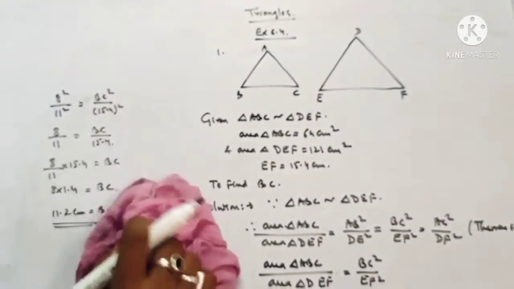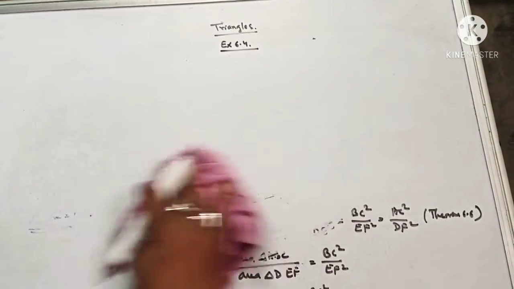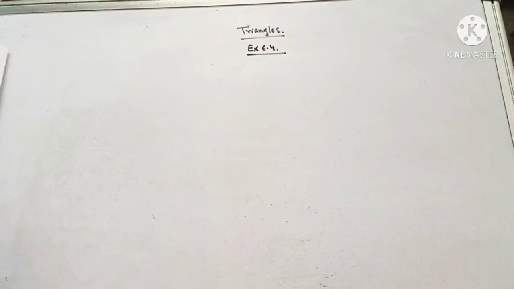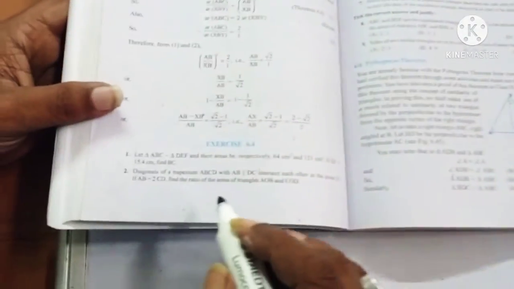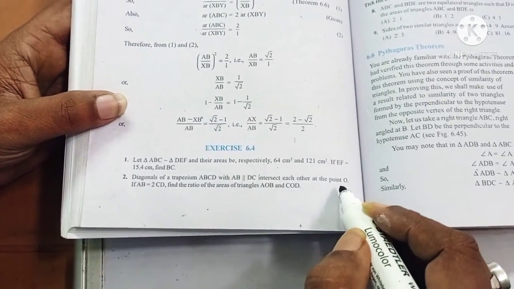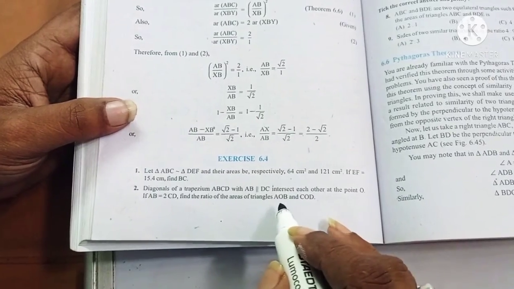Now question number 2. Question number 2, that is, diagonals of a trapezium ABCD with AB parallel DC intersect each other at O. AB is equal to twice CD. Find the ratio of the area of triangle AOB and COD.